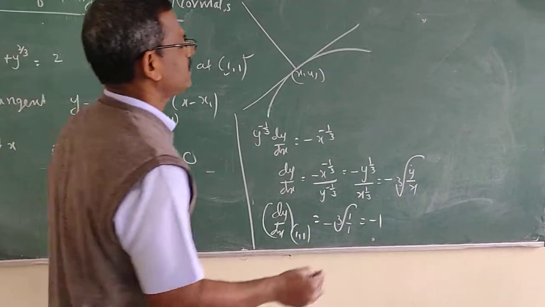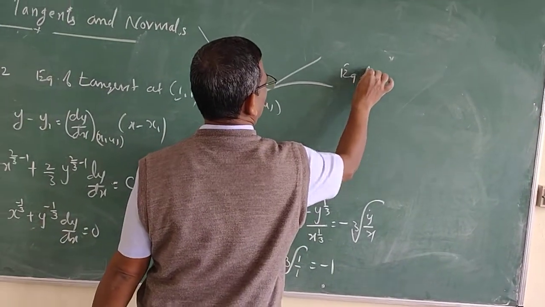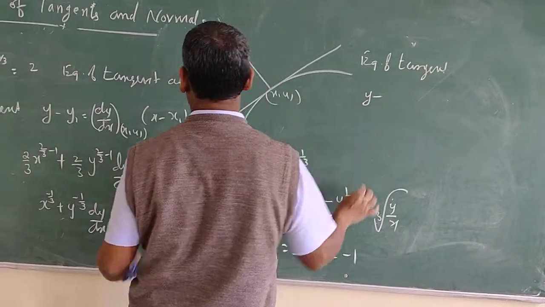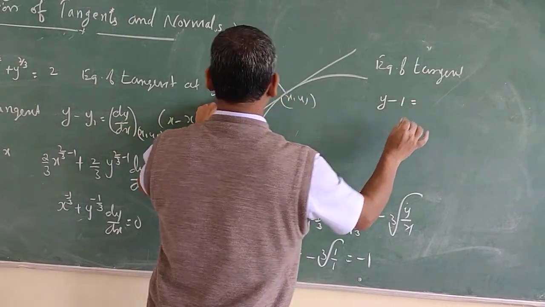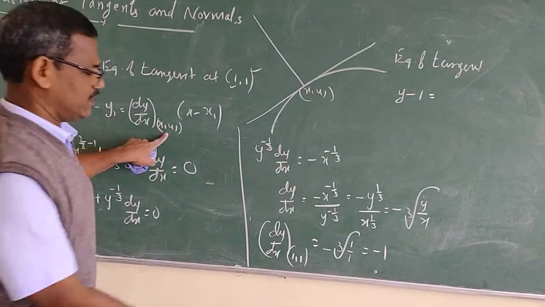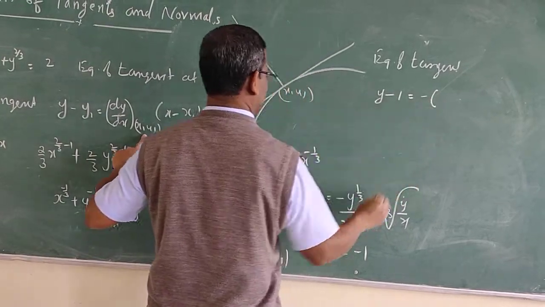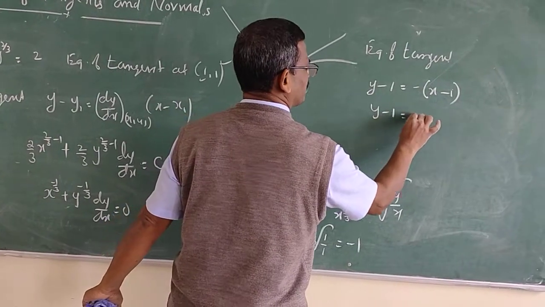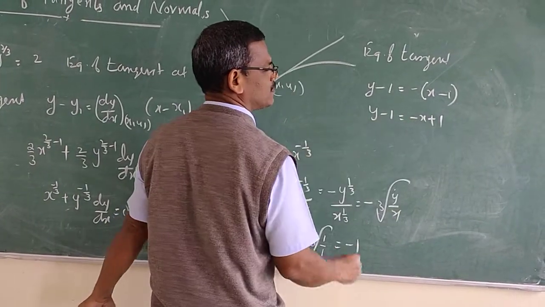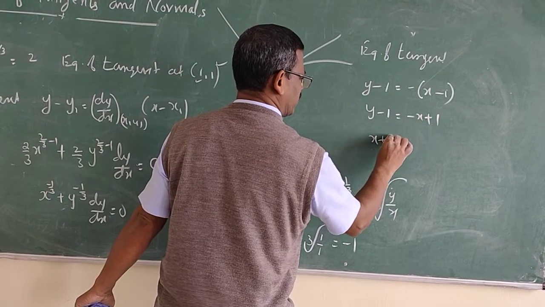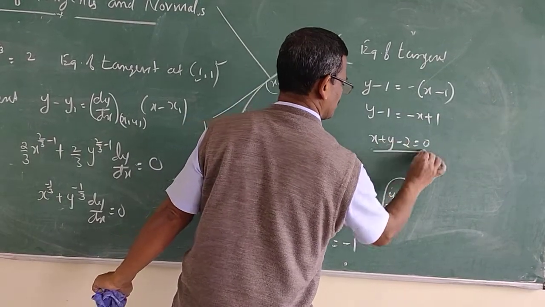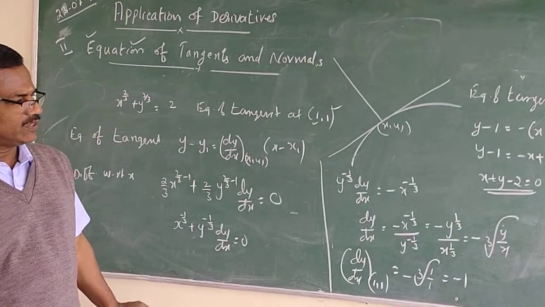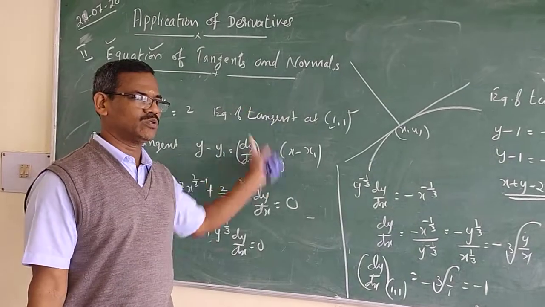So now what is the equation of the tangent? y minus y1 equals dy by dx at x1 y1, which is minus 1, into x minus x1. So it is y minus 1 equals minus x plus 1, and x plus y minus 2 is equal to 0. That is the equation of the tangent. Similarly, you can find out the other problems also. So, thank you. Go through it thoroughly.